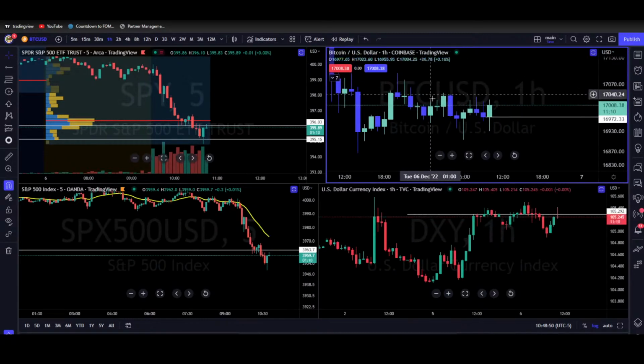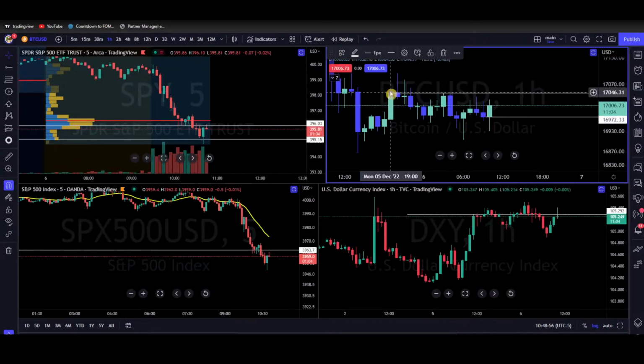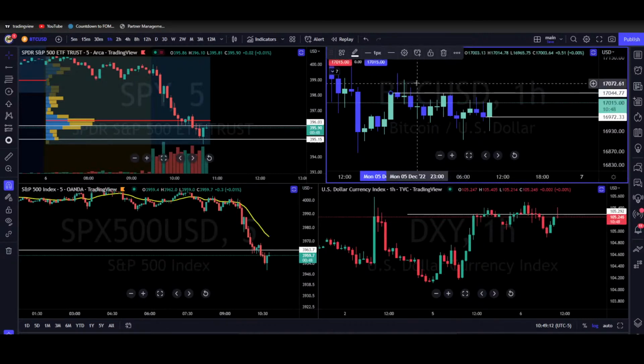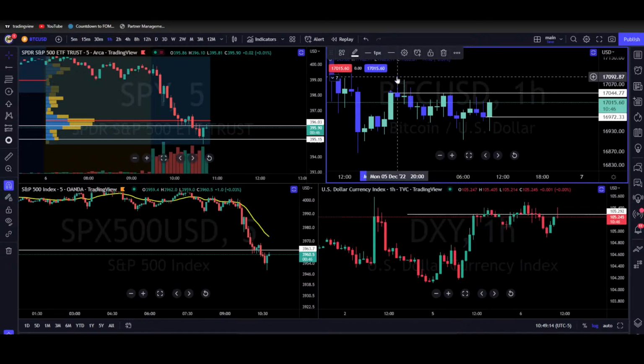Like over here on this chart, if you were looking for Bitcoin shorts, this would have been the first place to look. Last night at the open. Oh no, sorry. That was the other day. Last night at 3 o'clock in the morning, which was the London session. Not the high of day.